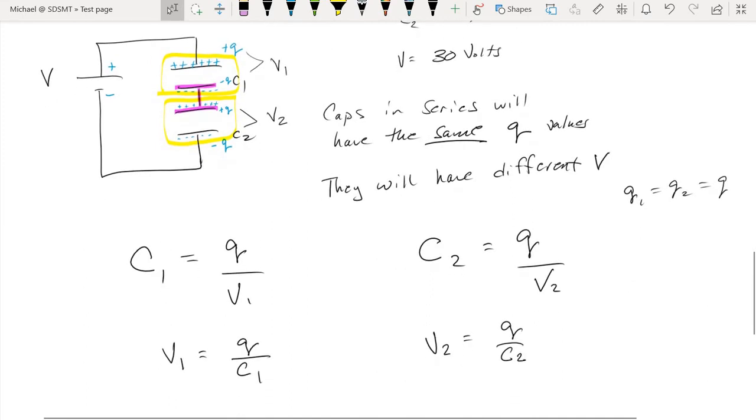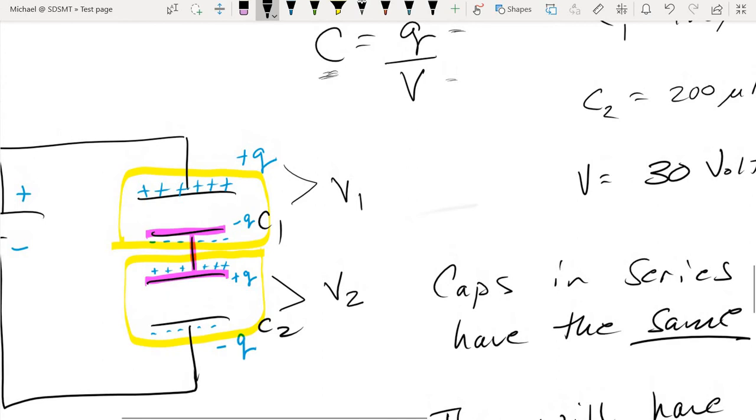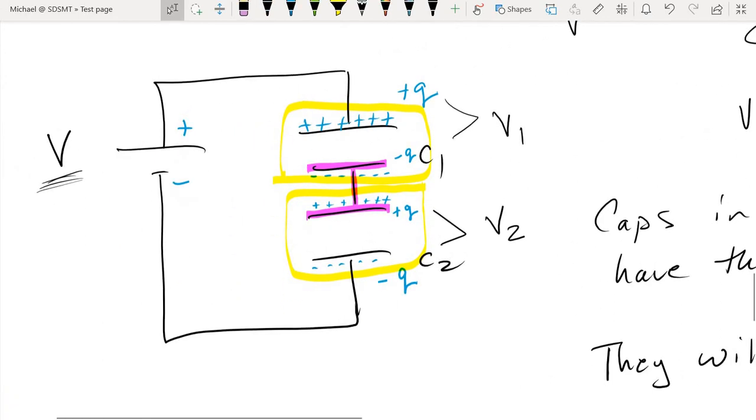I know that they're going to be the same amounts, but I don't have a number for them yet. And even though I have the potential of the battery that's connected to the system, the potential of the battery is not going to be the same potential that we see across capacitor 1 or capacitor 2. And we should talk about that.